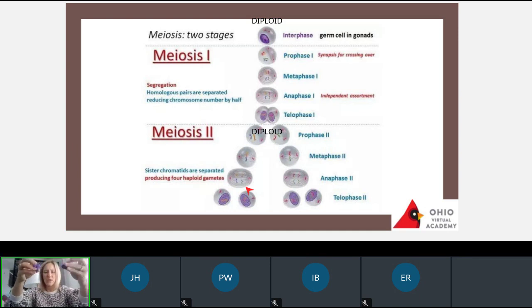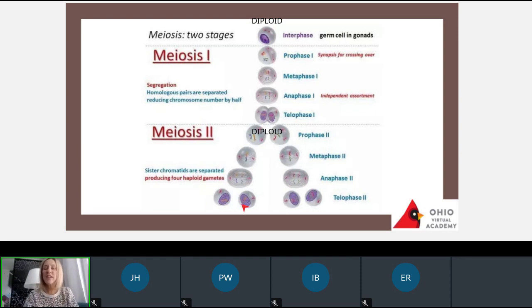And then each of those cells are getting cut in half again. So that we end up at the end of meiosis, how many cells do we end up with? Yep. At the end of meiosis, we end up with 4 cells.